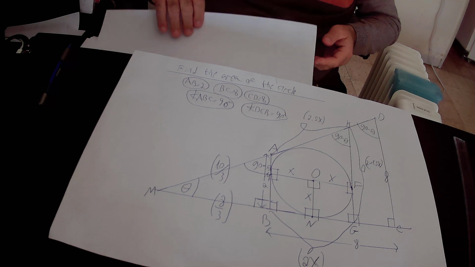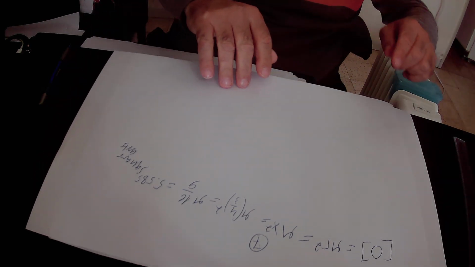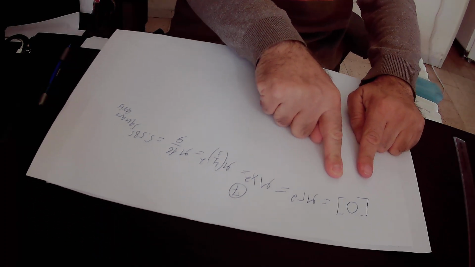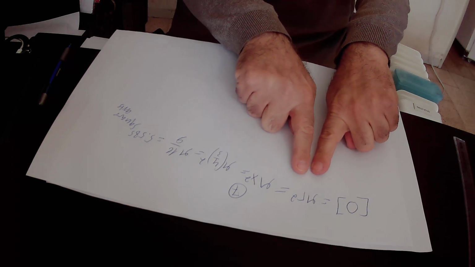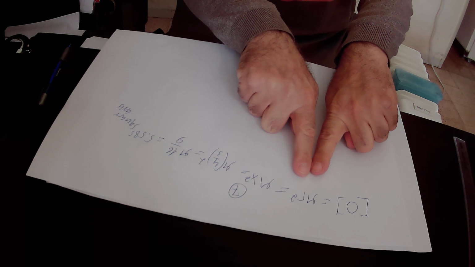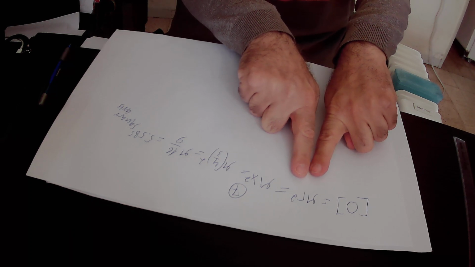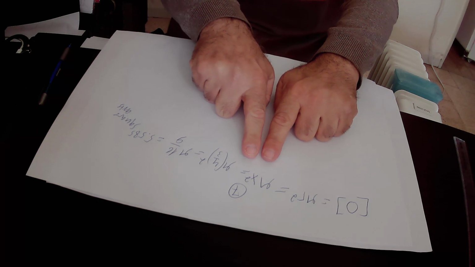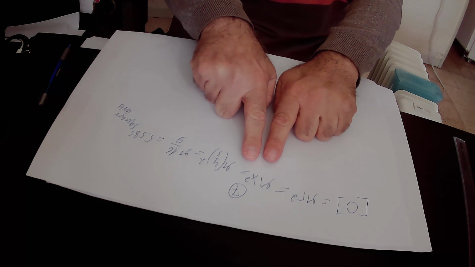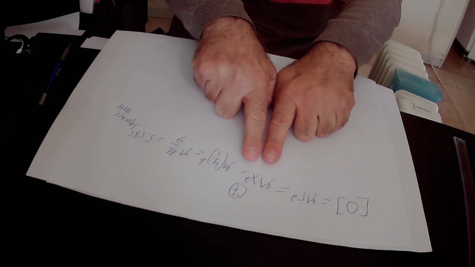And we know that the area of any circle is equal to pi times the radius squared. If r is the radius, it is pi r squared. In our specific circle, the radius is x, so the area will be equal to pi x squared.